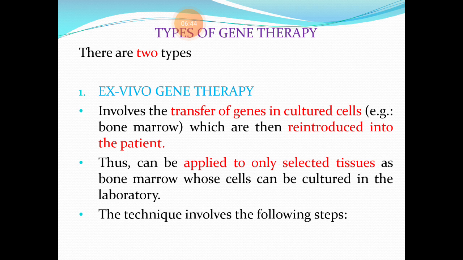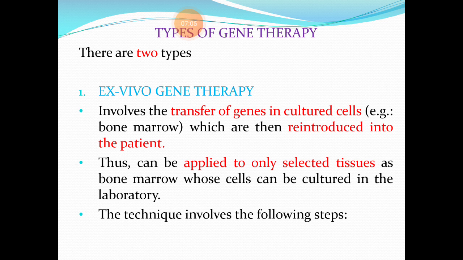Ex vivo gene therapy involves transfer of genes in cultured cells like bone marrow, and these cultured bone marrow cells are reintroduced back into the patient. So this happens outside the body of the patient.